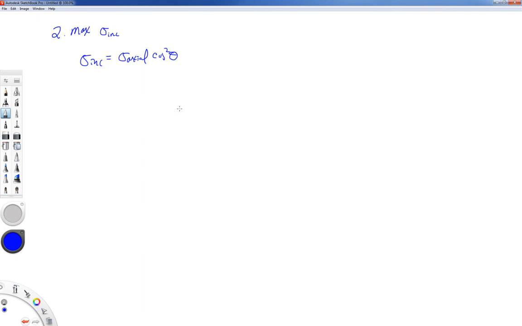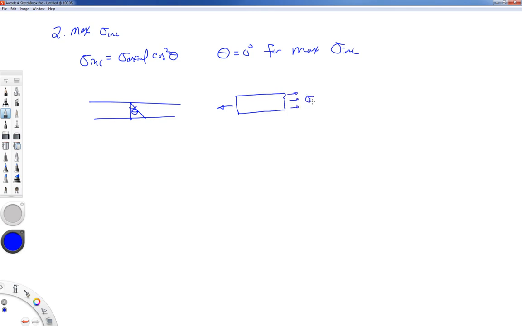When theta is equal to 0 degrees, we get the maximum sigma. So if I have my bar, and this angle is 0 degrees, that means it would be maximum on the cross section. And it would be equal to our axial normal stress.